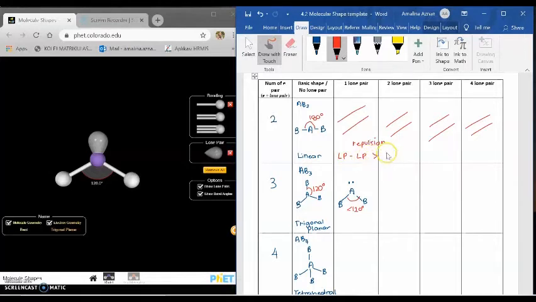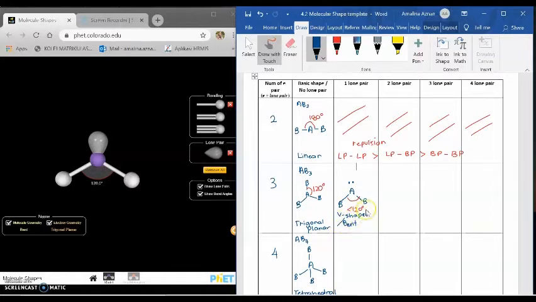Next is between lone pair and bonding pair, and the weakest repulsion will be between bonding pair and another bonding pair. Okay, so next, let's have a look at the molecular geometry. Here it will be bent, or normally we call it V shape.